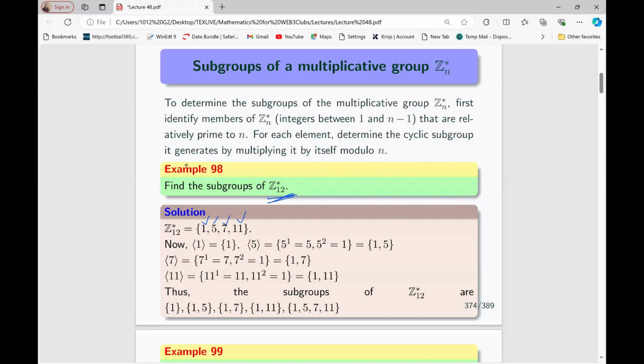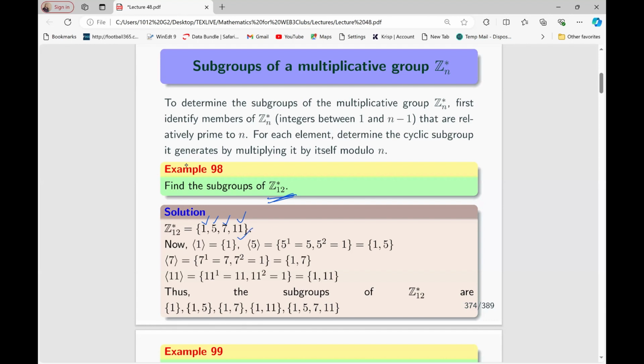After identifying these members of the group, the other thing now is to generate subgroups by each of these. This is a multiplicative group, so we take the element and multiply it a number of times until we get the identity element 1. When we get the identity element 1, we stop, and what we have is the subgroup. When we take the first element 1, we can only multiply it once to get 1.